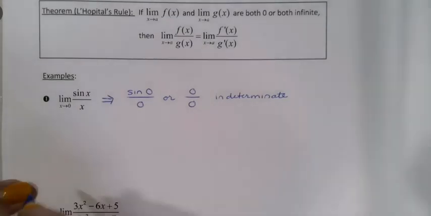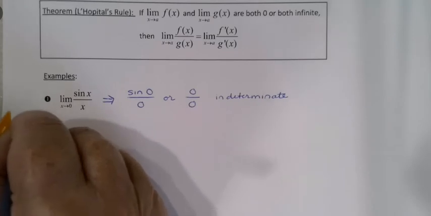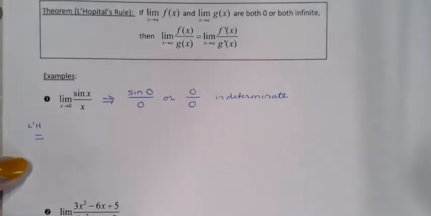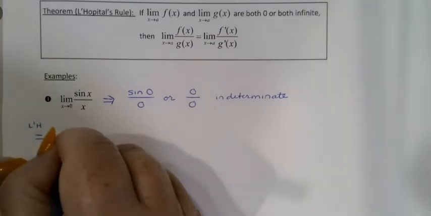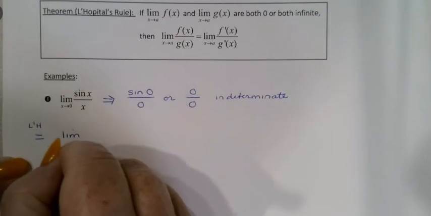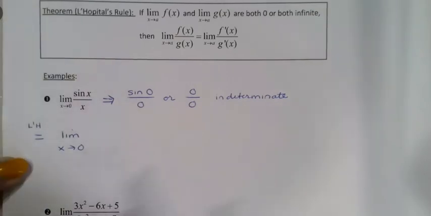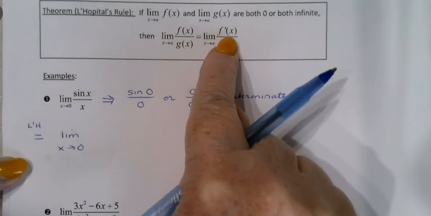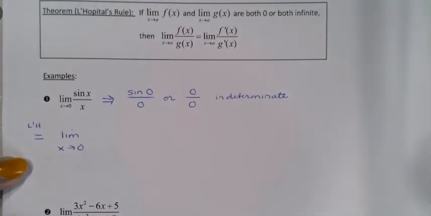So I could rewrite this limit, and I usually just put a little LH here to remind myself, and more importantly my reader, that I'm using L'Hopital's rule, as the limit as x goes to 0 of the derivative of the top over the derivative of the bottom.